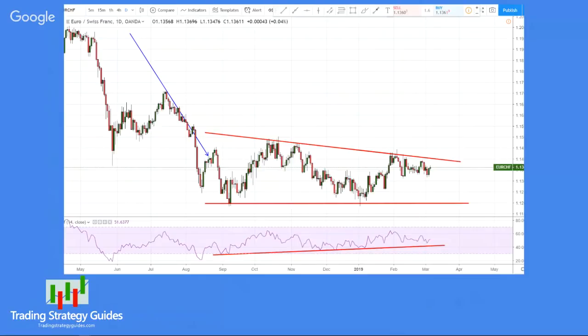So the 4-hour on the daily chart. So this is nice. It's been setting up a long time. It could be a while before it triggers because it's a long way from the apex of this triangle.